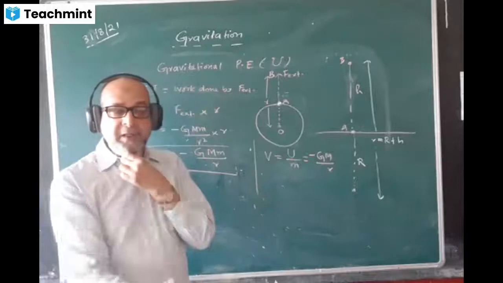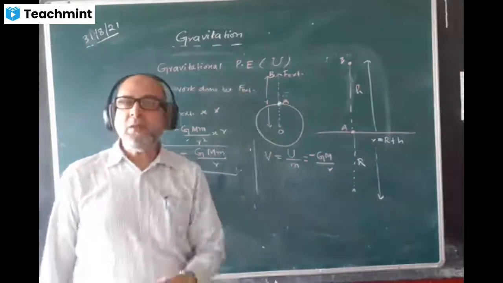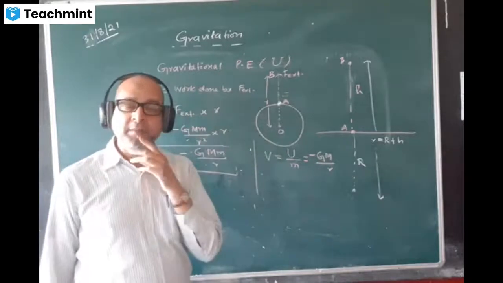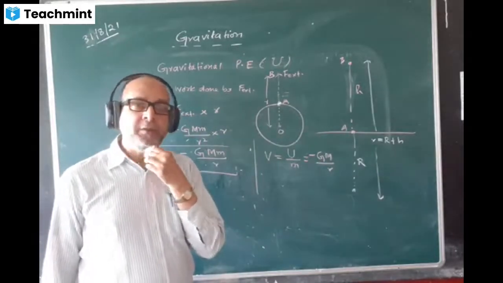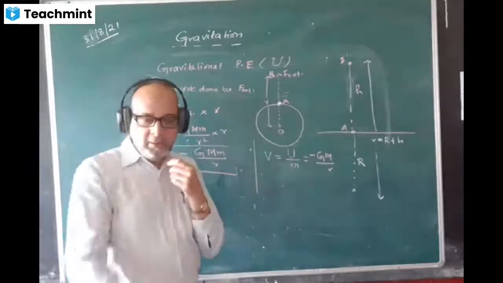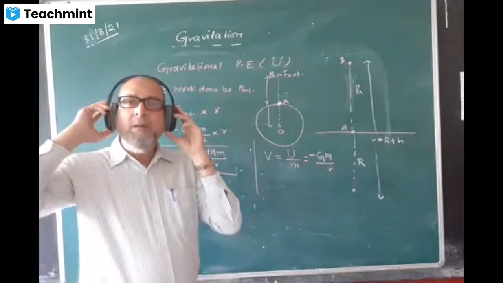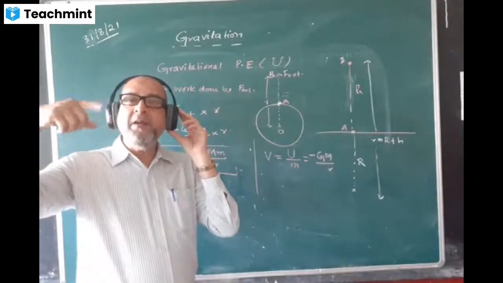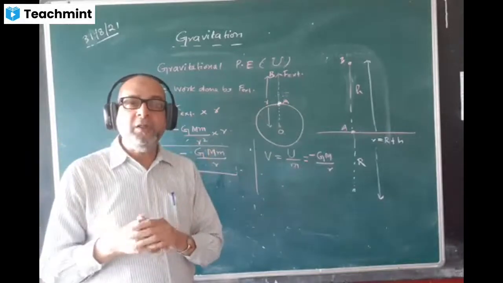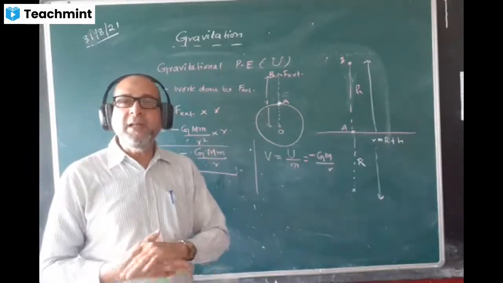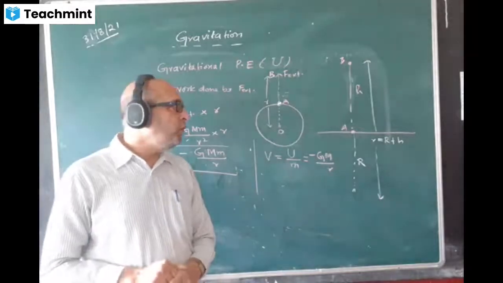The body is attracted towards the center of the earth. Everything is attracted towards the center of the earth. That is the meaning of the minus sign. The body will return back to the earth. That is the meaning of this.